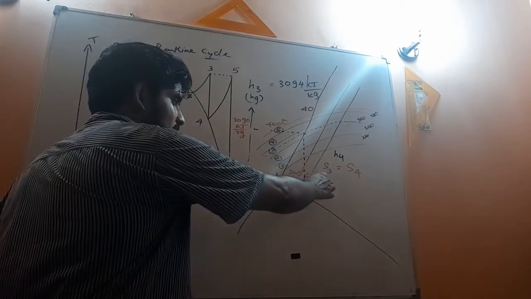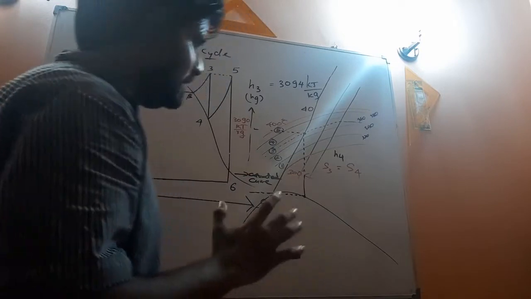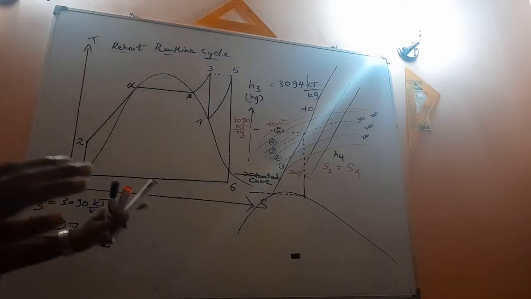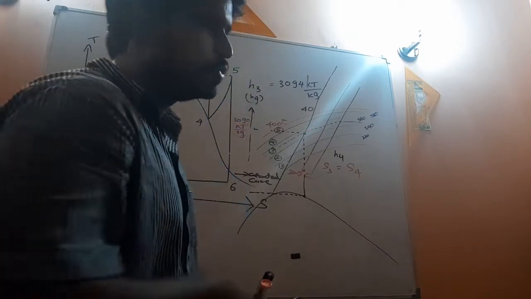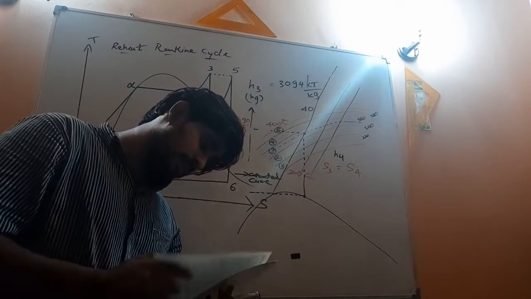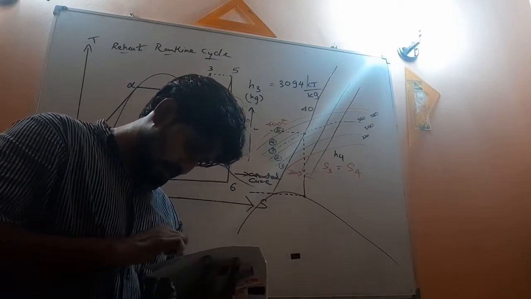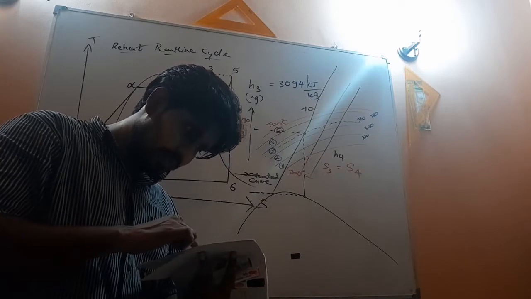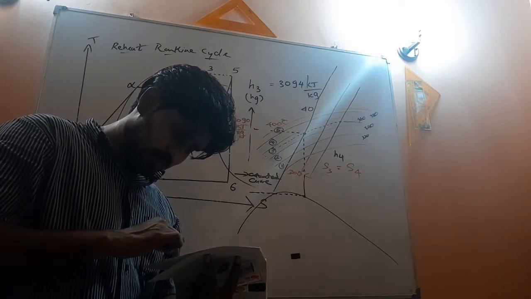But at S3 we have steam, because it is superheated steam, right? So what is the entropy at 350 degrees Celsius, 40 bar? 6.584.